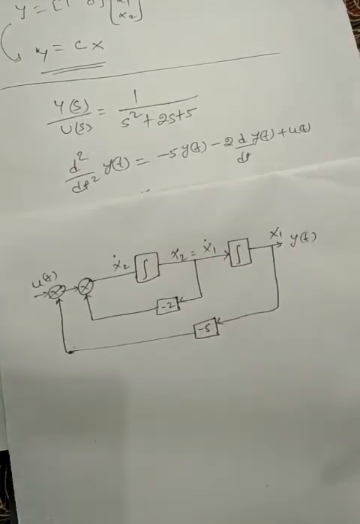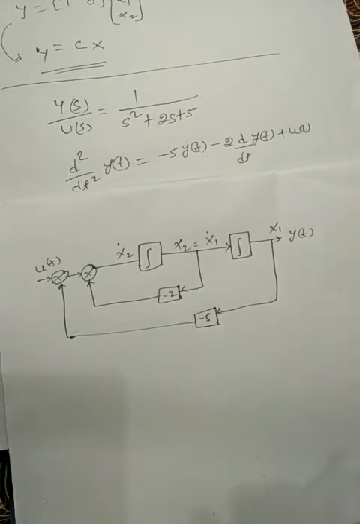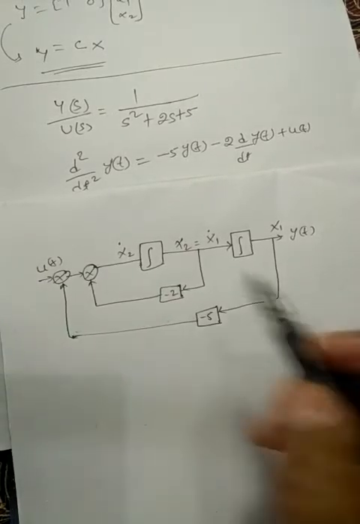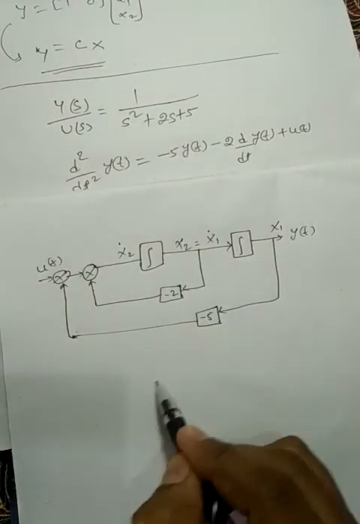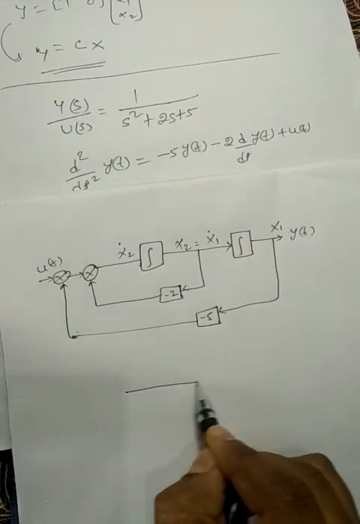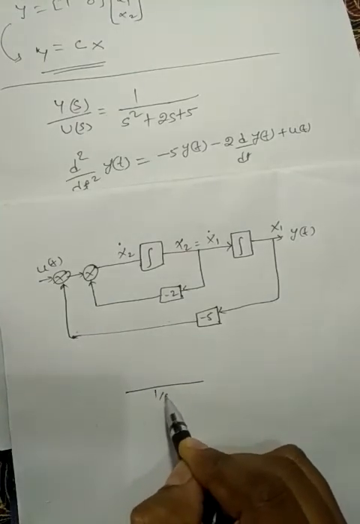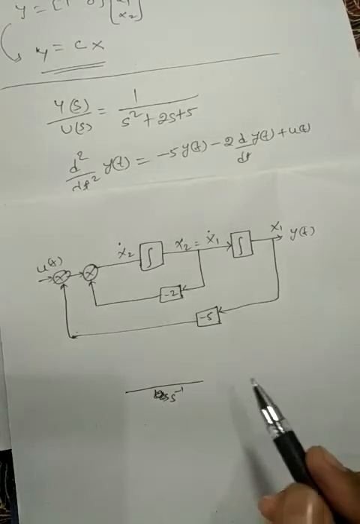And now if we want the signal flow graph from this block diagram, then how will we draw the signal flow graph? Let's check it. This integrator will become 1 by S, or simply S inverse. Okay.